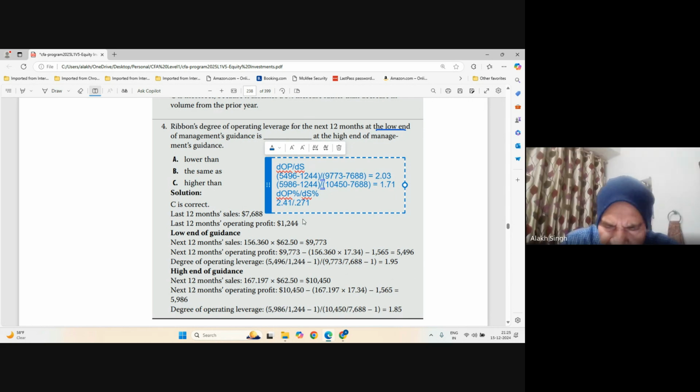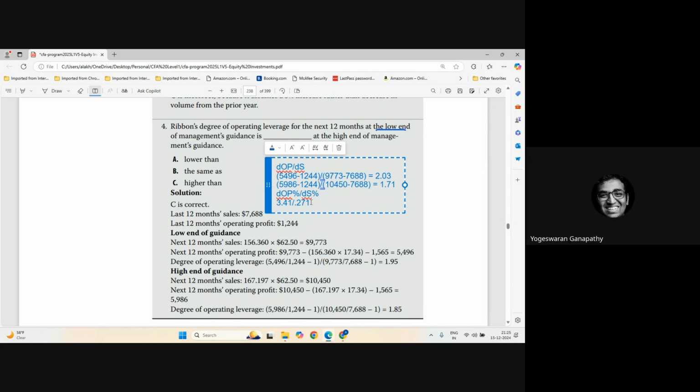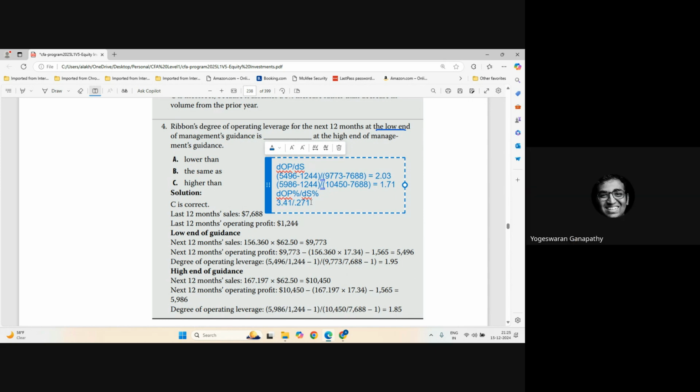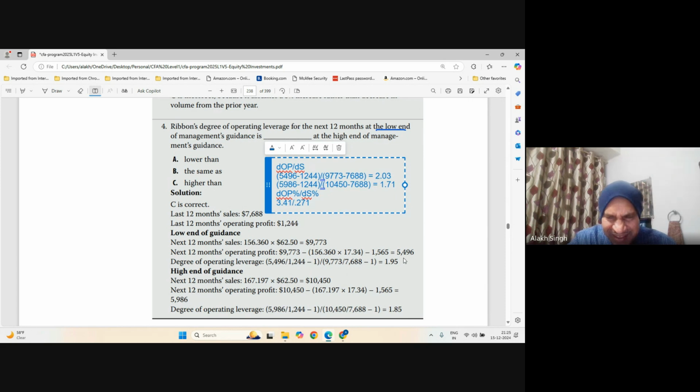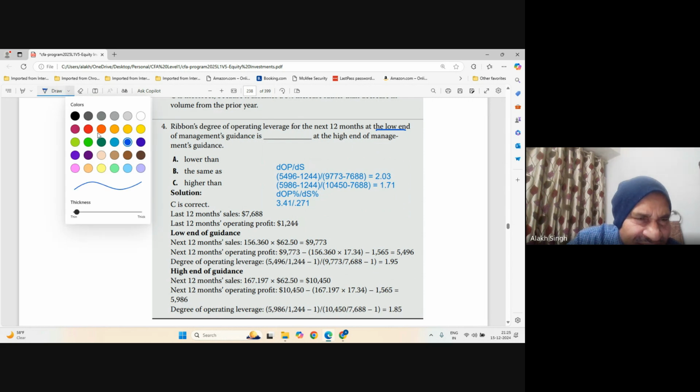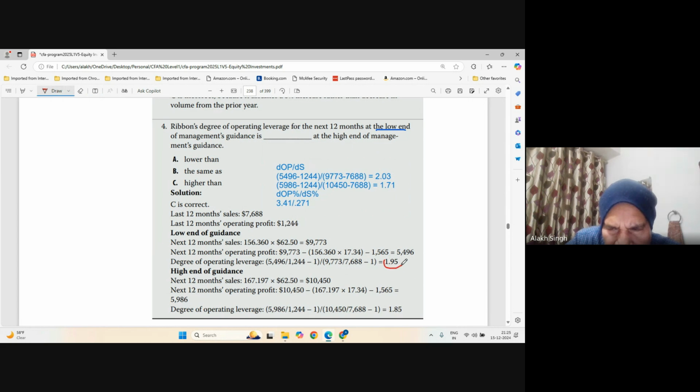It is 3.41 divided by 0.271. Oh, so the book is wrong actually. So then it's coming to be 12.35. The book is wrong. Oh my God. Let me highlight it with red. That's wrong actually. This one is not correct.